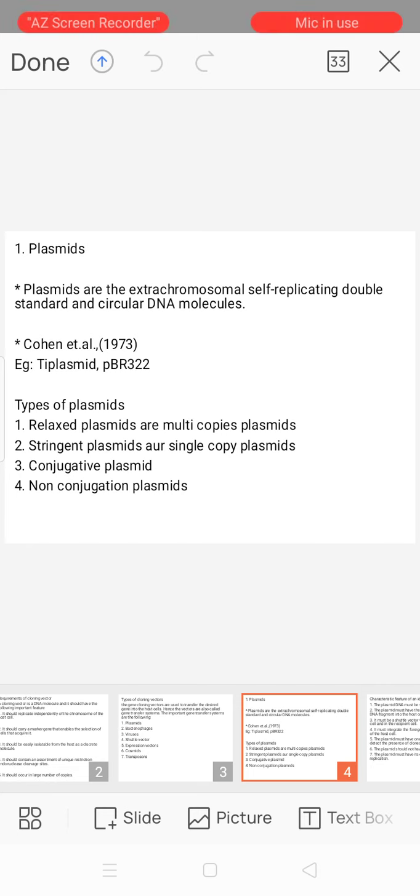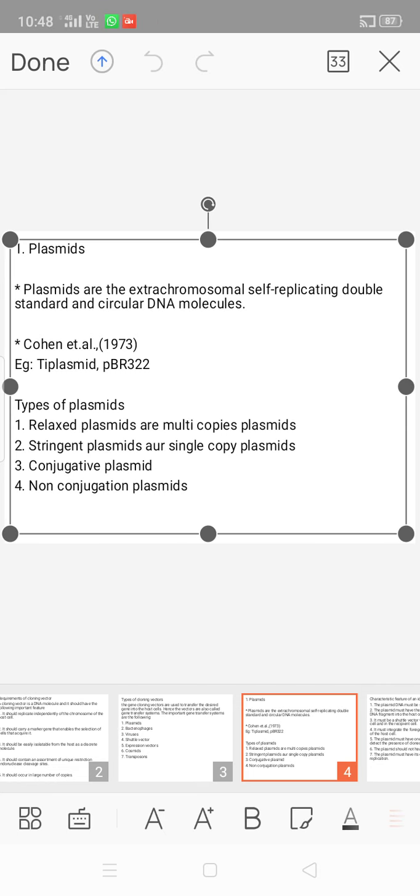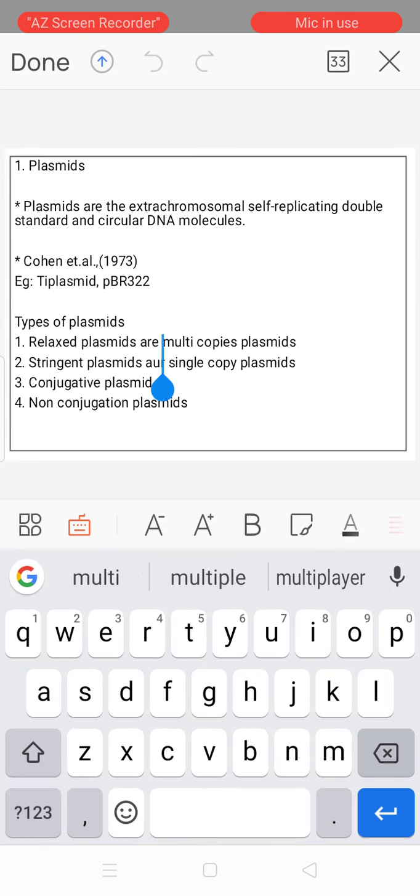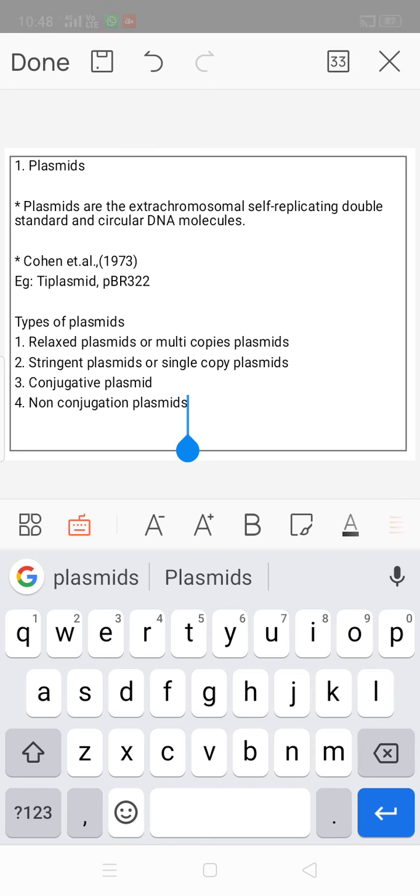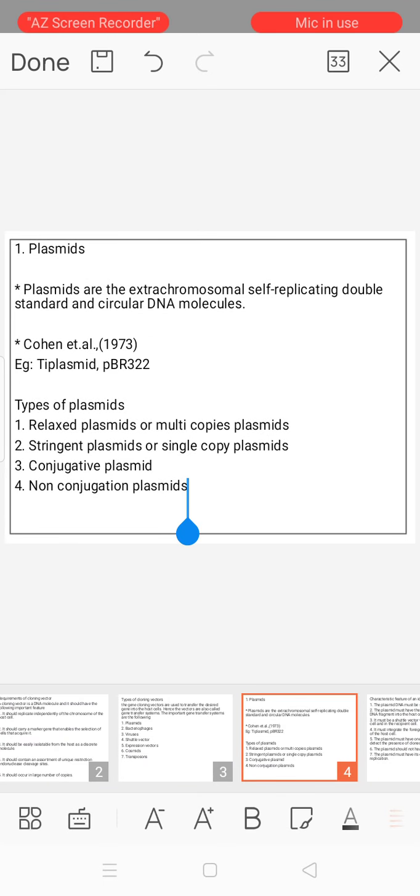Fourth one, non-conjugative plasmids. And first, relaxed plasmids.